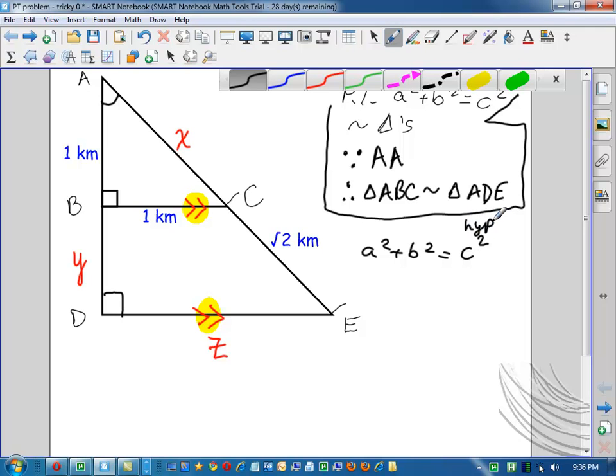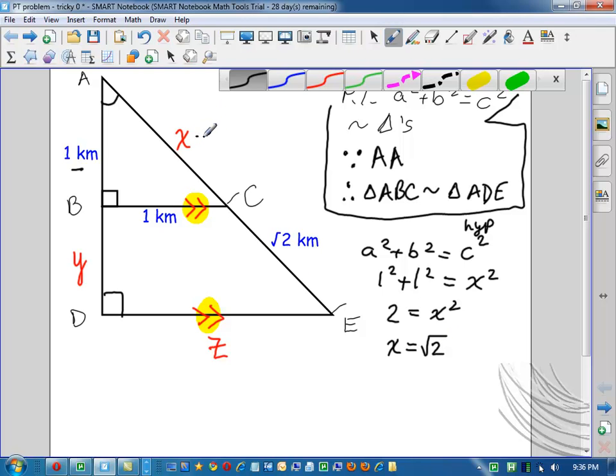So we know our value of a, which is here. So 1 squared plus 1 squared, the other side at the bottom, is equal to x squared. 2 is equal to x squared. X is equal to square root of 2.